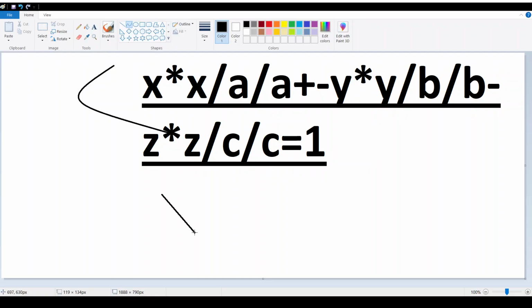Basically, a bunch of hyperbolas connected together. This is what is called a hyperboloid.